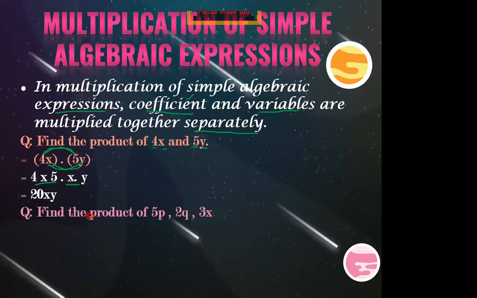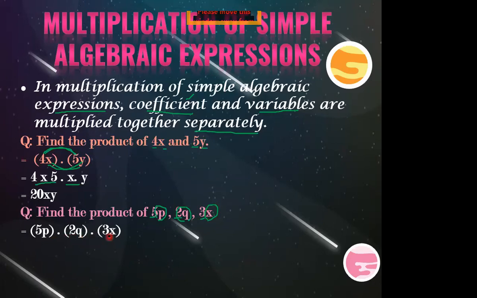Next, find the product of 5p, 2q and 3x. Here 5, 2 and 3 are coefficients, and the variables are p, q and x. Variables will be multiplied separately, as well as coefficients. So we write 5p multiplied by 2q multiplied by 3x.